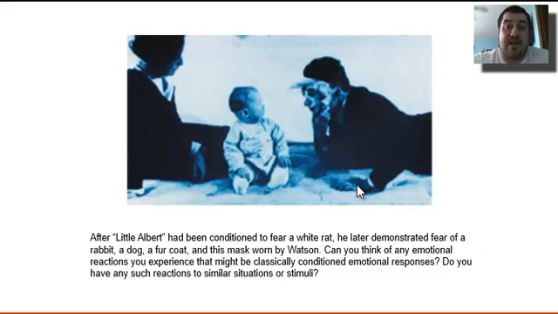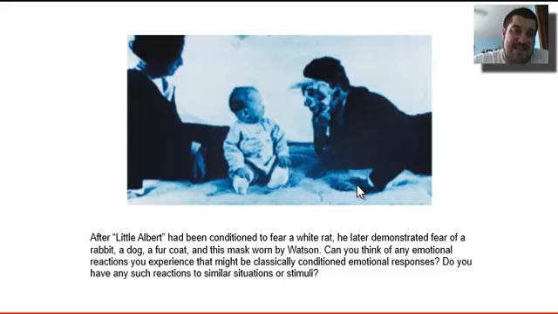But now, every time he played with the rat, John Watson would hit a bar behind him with another bar and create a huge loud sound, which babies are afraid of. So he paired the neutral stimulus, the rat, with the unconditioned stimulus in this instance, the bar, which causes the unconditioned response, fear.